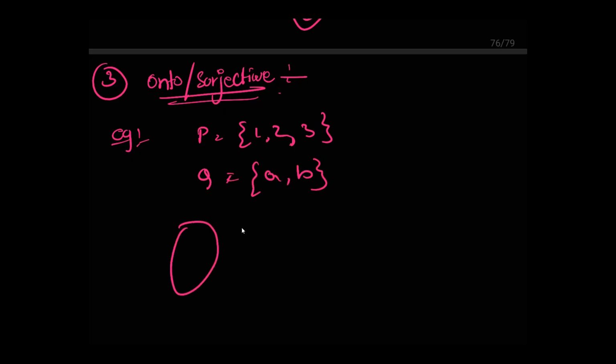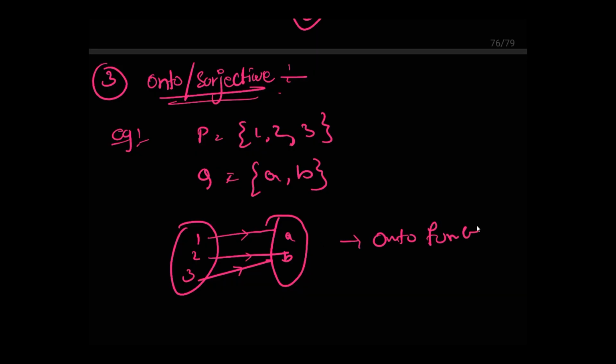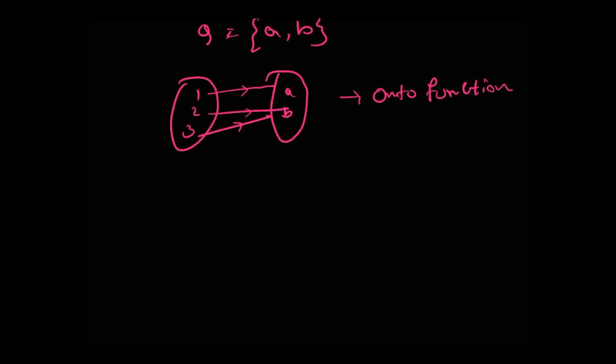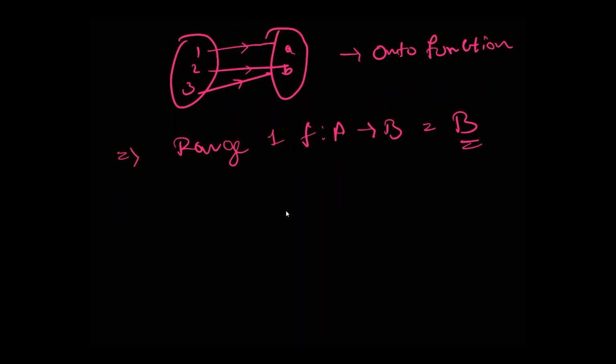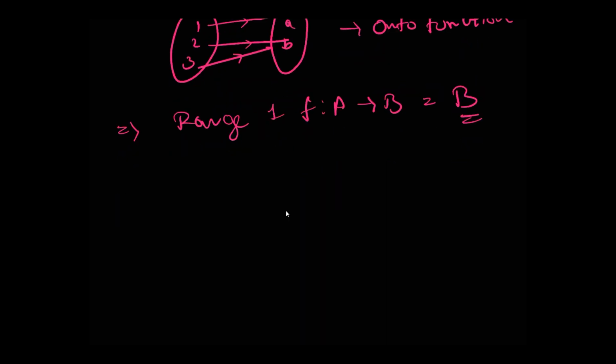Then an onto function will be like this: every element of Q will be covered in the relation. This is an onto function. Simply we can say the range of the function is the whole set Q. Range of a function from A to B is the whole set B. We call it an onto function or surjective.